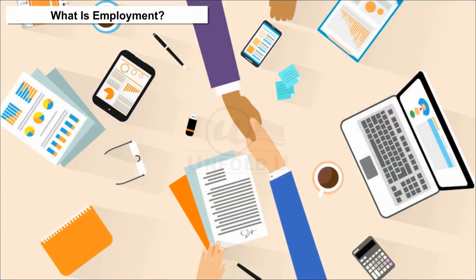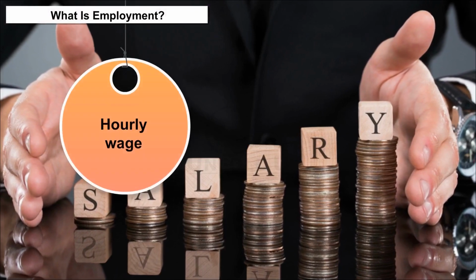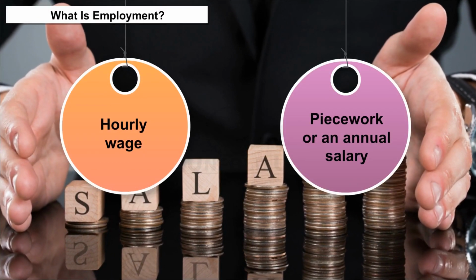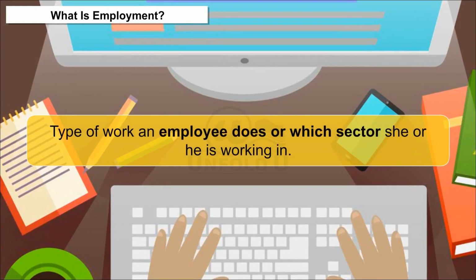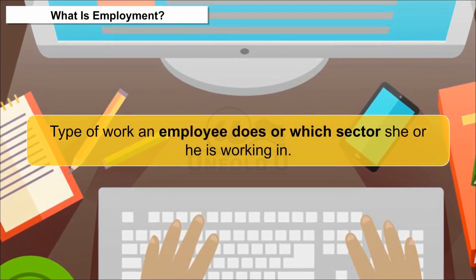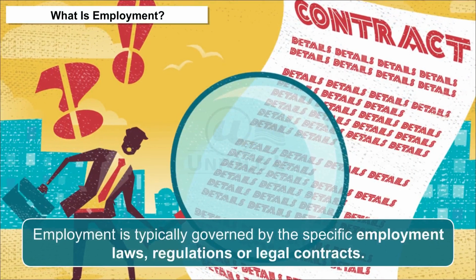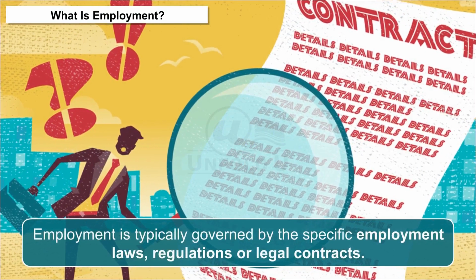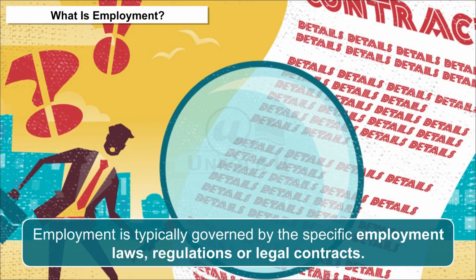Employees work in return for payment, which may be in the form of an hourly wage, by piecework, or an annual salary, depending on the type of work an employee does or which sector she or he is working in. Employment is typically governed by specific employment laws, regulations, or legal contracts.